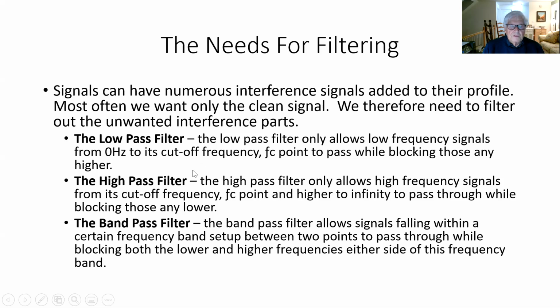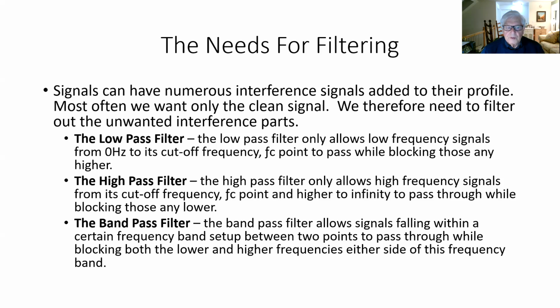For a high-pass filter, we do the opposite. We pass anything that's above that cutoff frequency, FC, and higher. The stuff at lower frequencies, well, its power is so low that we can't pass it along.